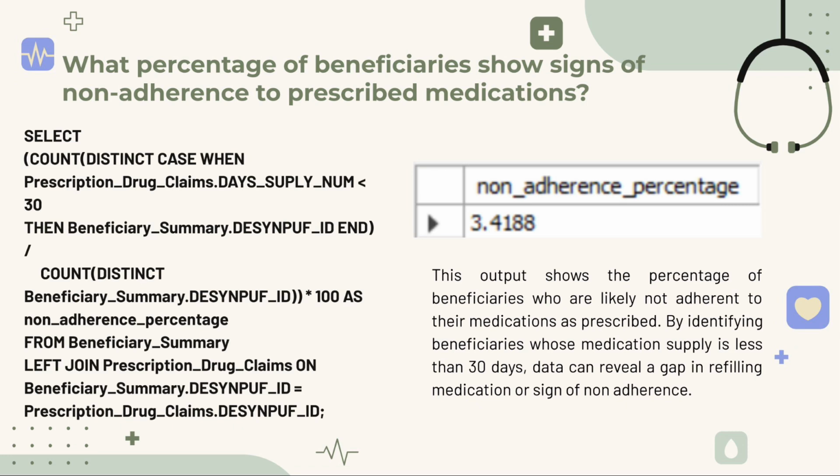If a beneficiary has a prescription with less than a 30-day supply, this shows an indicator of non-adherence, assuming that the patient needs a refill before completing the full prescribed amount. By counting the number of beneficiaries who show signs of non-adherence, we can calculate the percentage of non-adherence overall for medications prescribed.